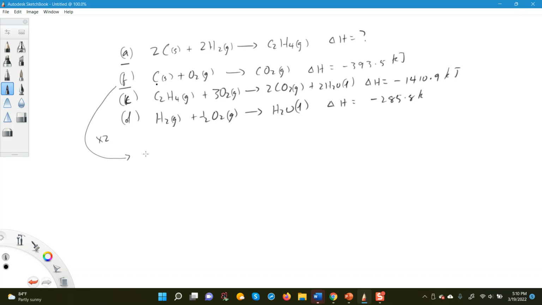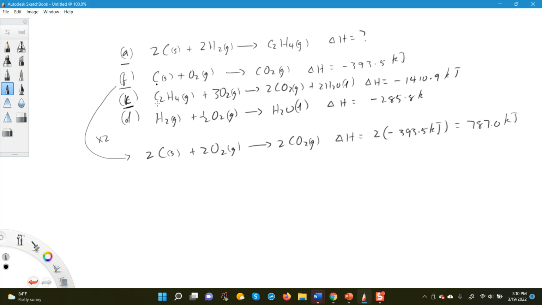So the result would be 2 carbon solid plus 2 oxygen gas to give 2 CO2 gas, and delta H for this is going to be equal to 2 times minus 393.5 kilojoules, which works out to be 393.5 times 2. So according to my calculations, this works out to be equal to 787.0 kilojoules, all right?